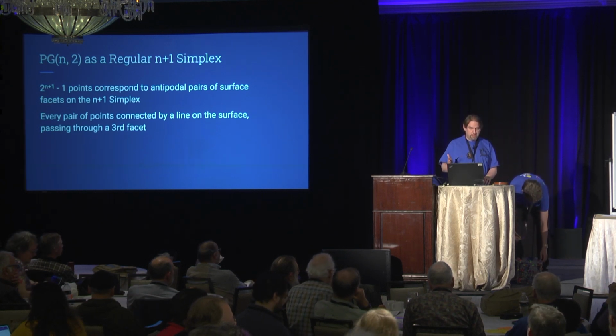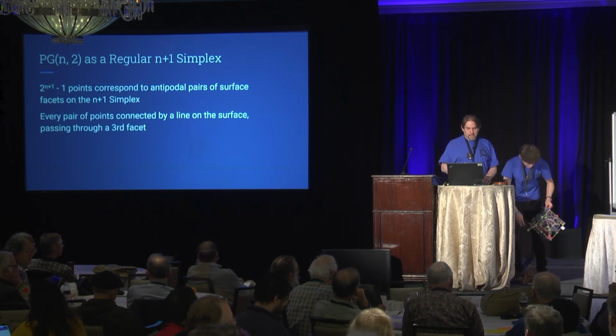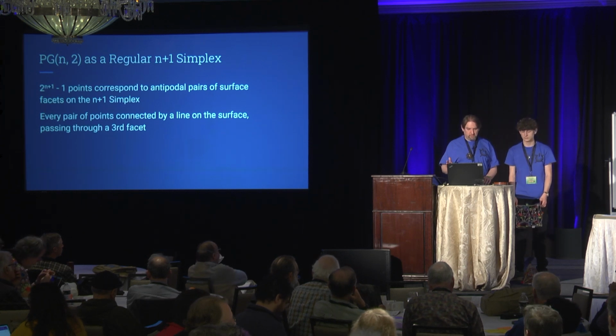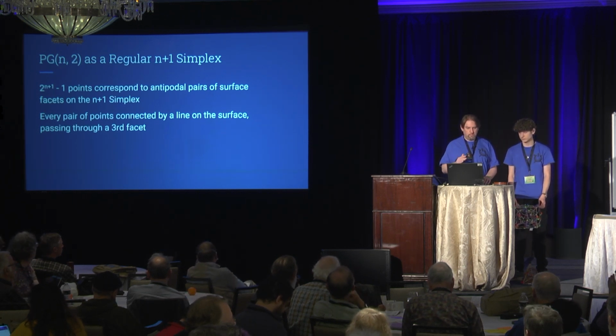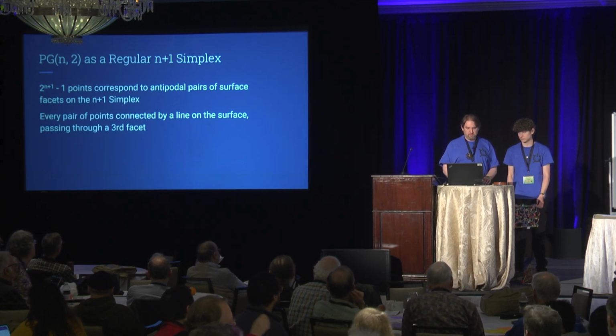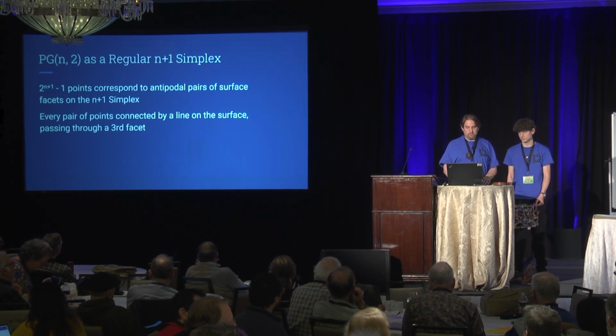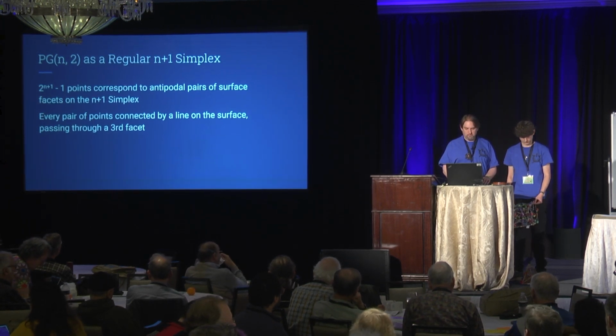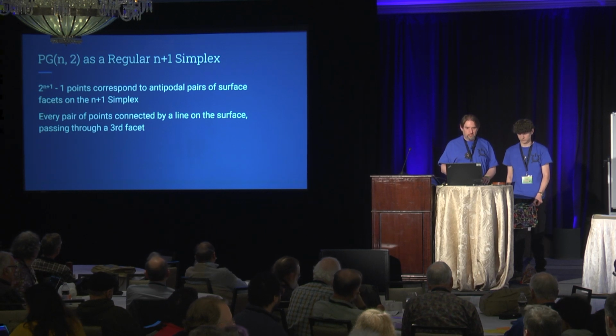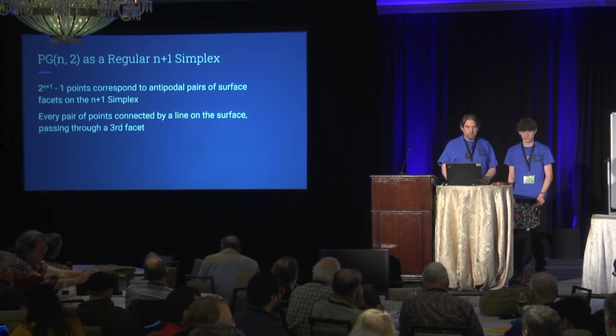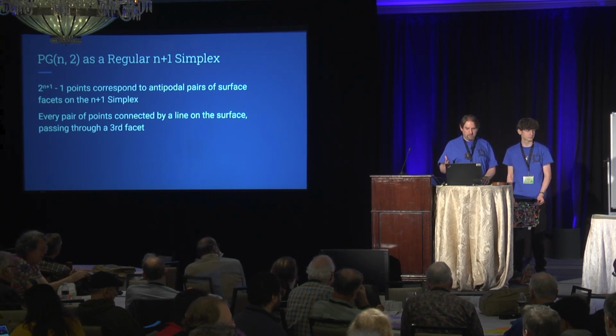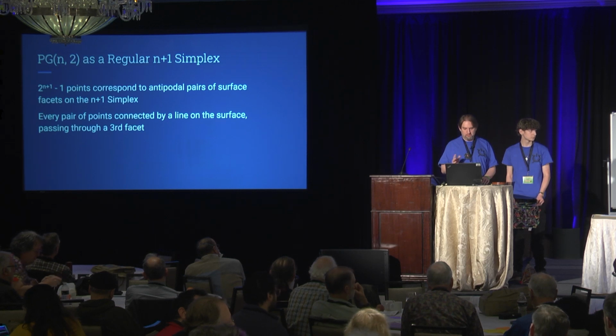So the projective geometry PG(n,2) maps to a regular n plus 1 simplex. So there are 2 to the n plus 1 minus 1 points for each of those projective spaces, and they correspond to antipodal pairs of surface facets on the n plus 1 simplex. So the only exclusion is the interior of the shape. And they all form these lines. So every pair of points is connected by a line on the surface passing through a third facet.